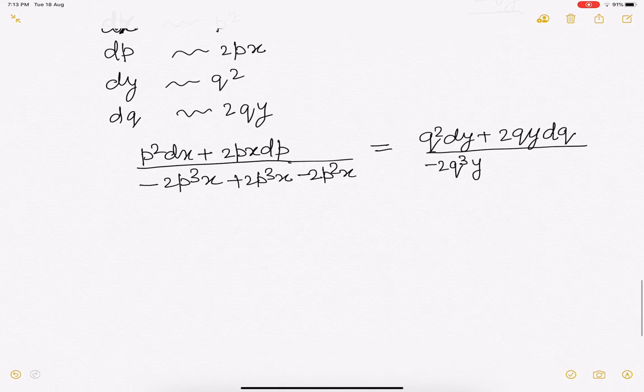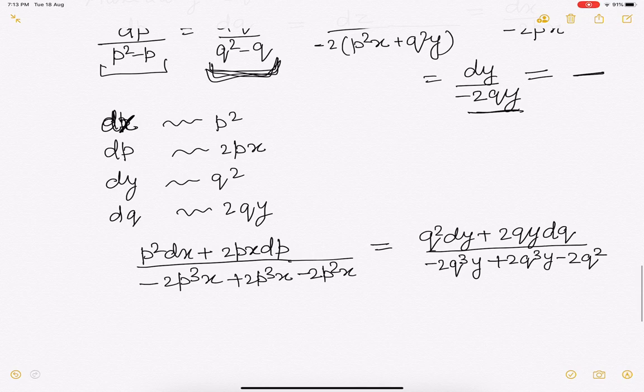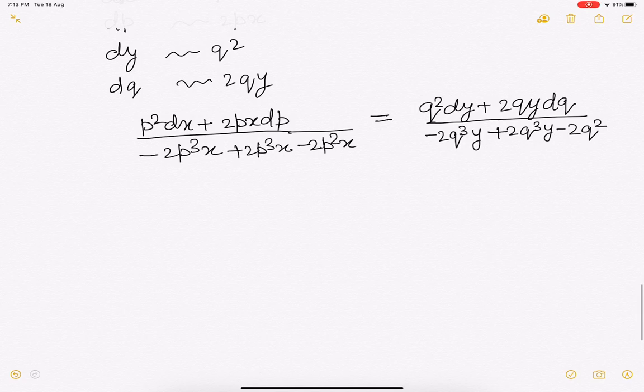So plus 2qy minus 2q square. See, it is minus 2q square y. So we have p square dx plus 2px dp, and these two terms cancel out.